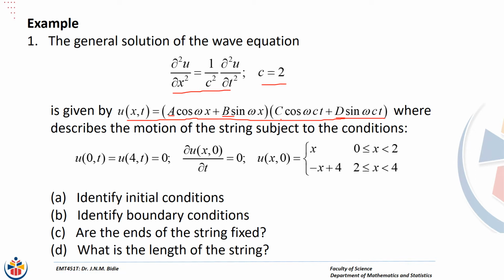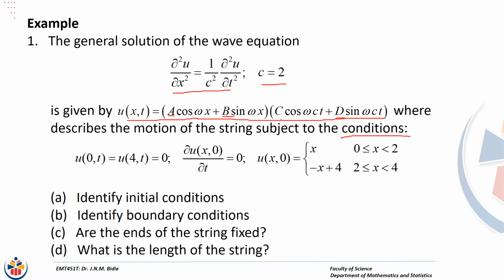So when we start to solve whatever we are asked to do, we have to substitute the value of c in the second bracket. Also, we will always be given the conditions. Remember, we said you'll always be given 2 initial conditions and 2 boundary conditions for any wave equation.